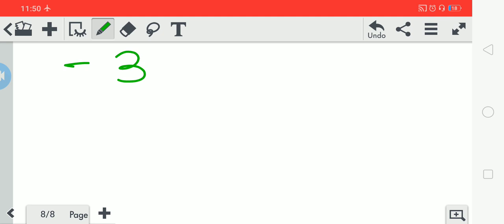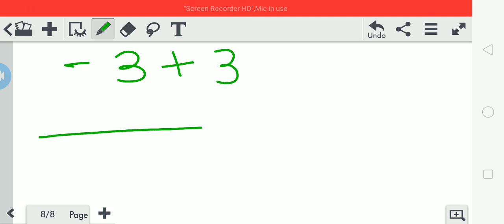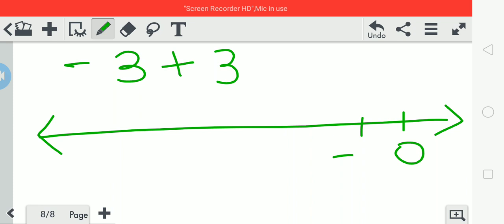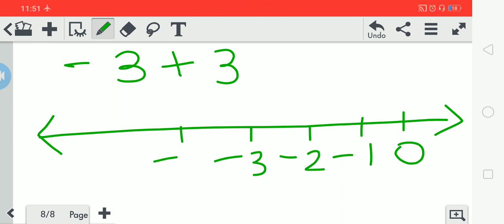Now take a similar example like minus 3 and plus 3. Now both numbers are opposite to each other, so obviously the answer will be 0. Your first number is minus 3, so draw the number line till minus 3, minus 1, minus 2, minus 3 and minus 4.